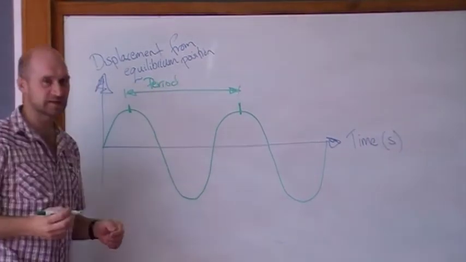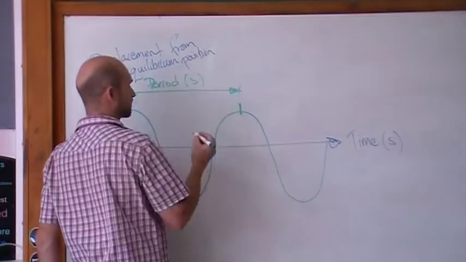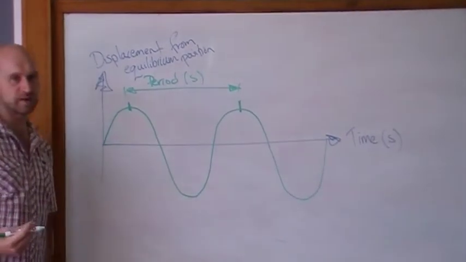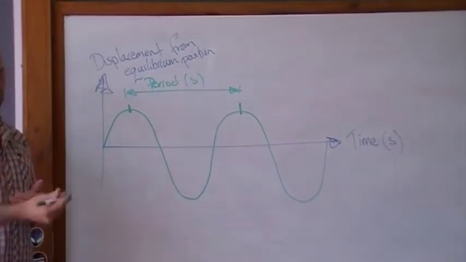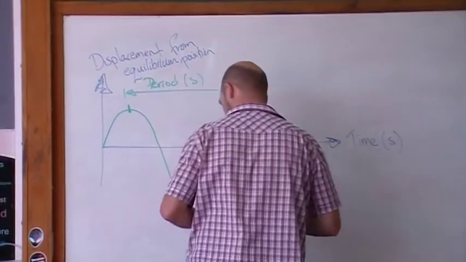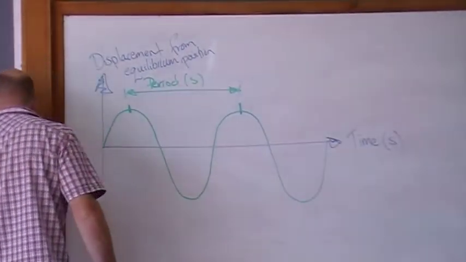Time period. It's measured in seconds. So the period is the time for a motion to repeat itself.